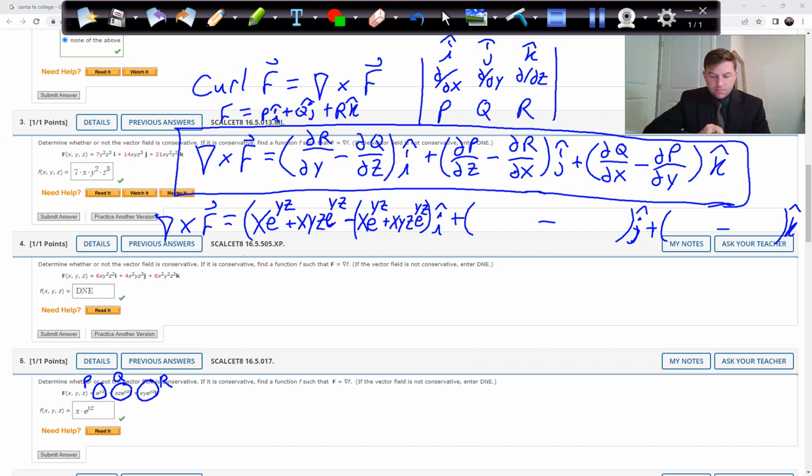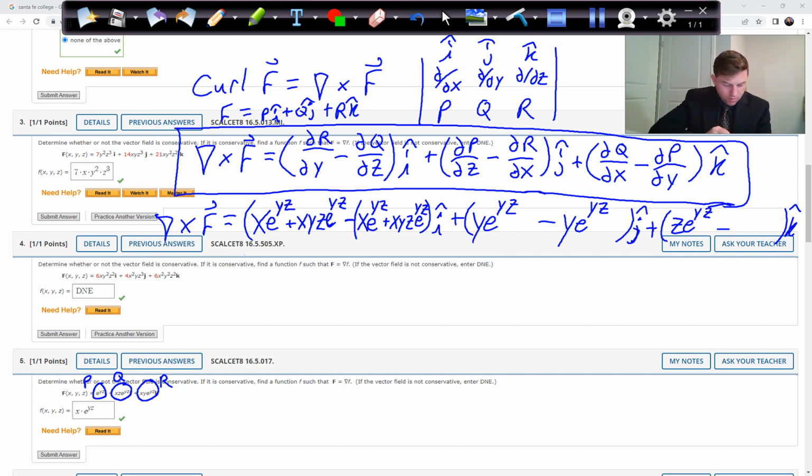Okay, now for the second set of terms, we have dp dz. Well, that one's not so bad. You would have a y e to the yz. In that one, y is a constant, z is a variable. dr dx would be, okay, there's only one x, it's in front of everything, so it just goes away, and it's going to be y e to the yz. And the last two terms, dq dx, again the x just goes away, so it's z e to the yz.